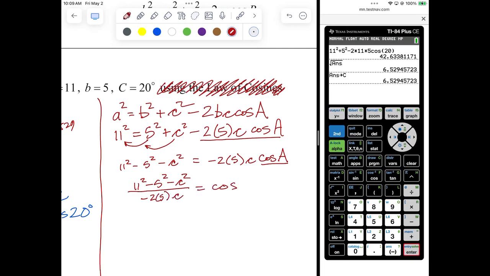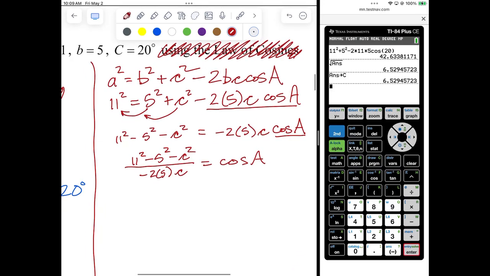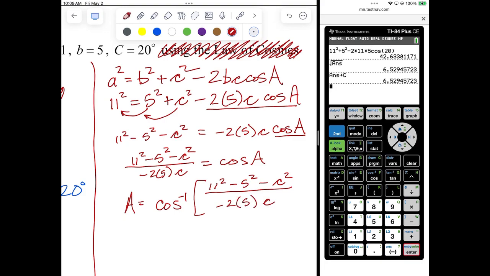Now that equals cosine of A. The last thing I need to do is solve for A by doing what to both sides? How do I uncosine something? Inverse cosine. Now I'm going to flip both sides. So angle A ends up being the inverse cosine of 11 squared minus 5 squared minus c squared all over negative 2 times 5 times c.